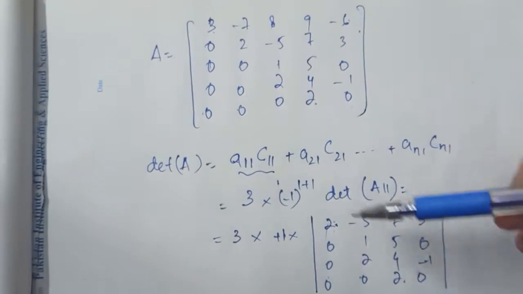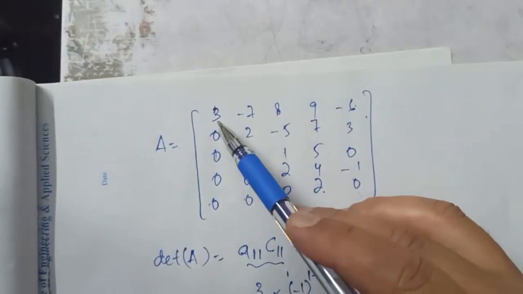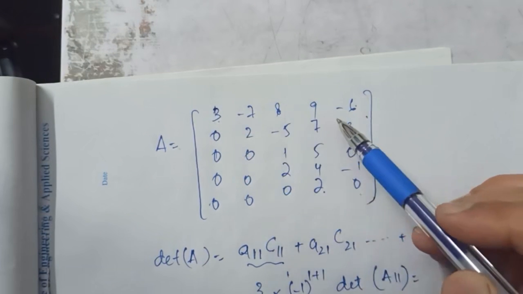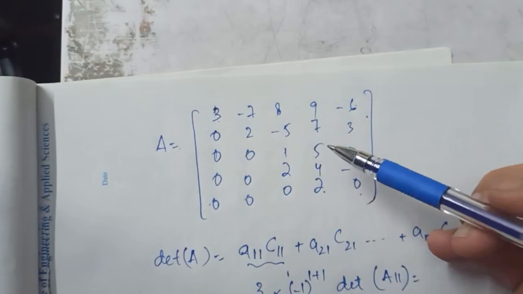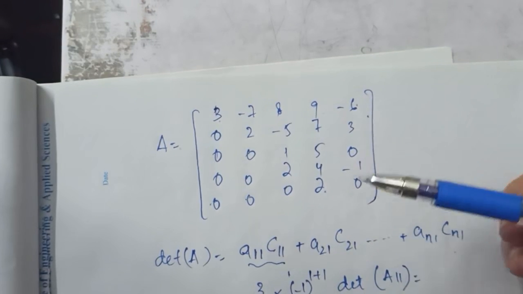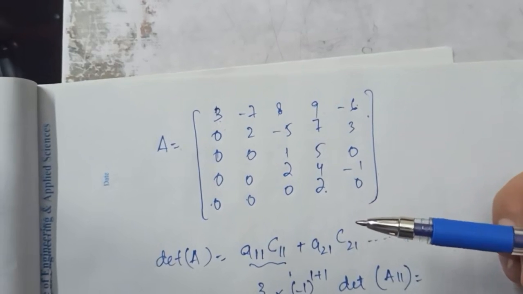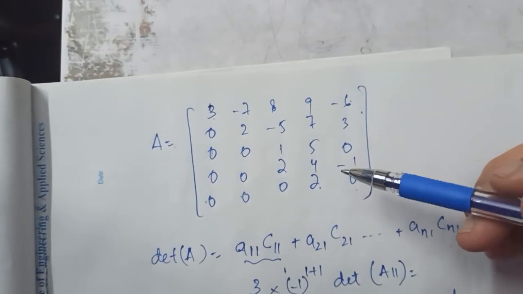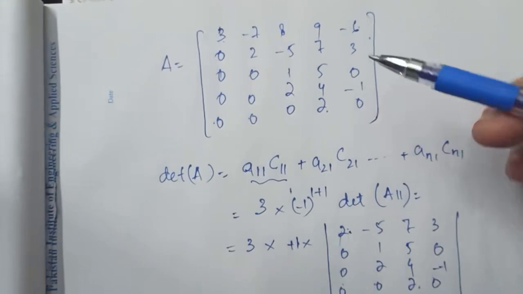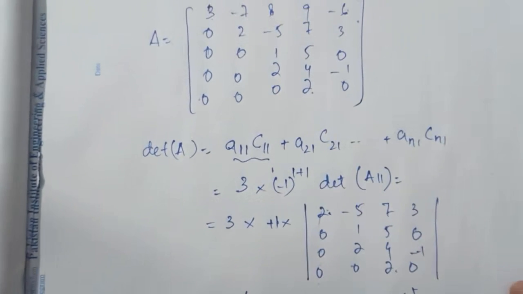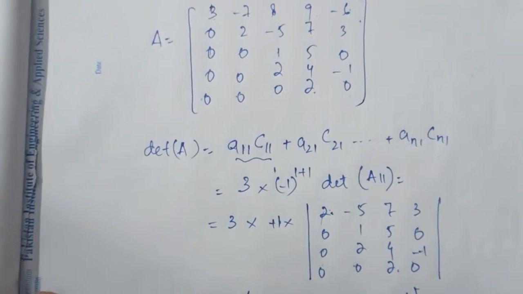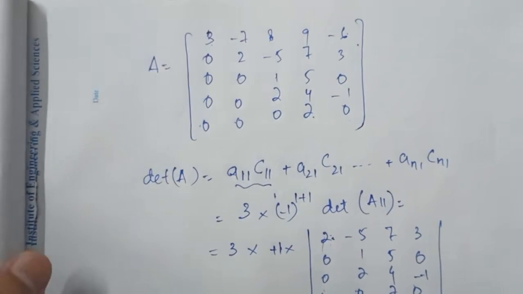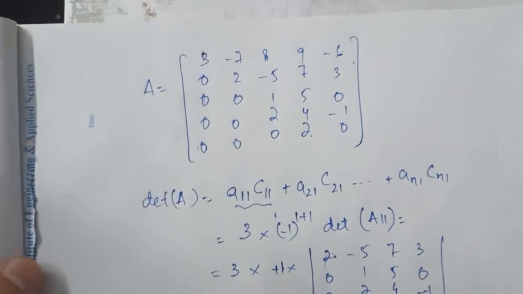Each cofactor becomes a 4 by 4 matrix, so you have to calculate 5 determinants of 4 by 4 matrices, and each element will further produce a 3 by 3 matrix, and each of those then produces a 2 by 2, so it becomes a long chain that you need to calculate before you determine the determinant of A. So the best way is to use cofactor expansion across that row or column which has zeros in it, or which has the most zeros in it.